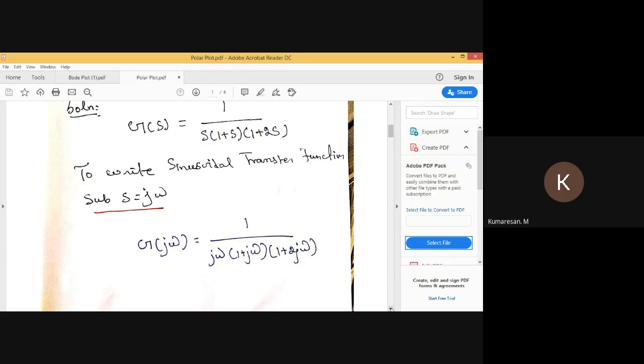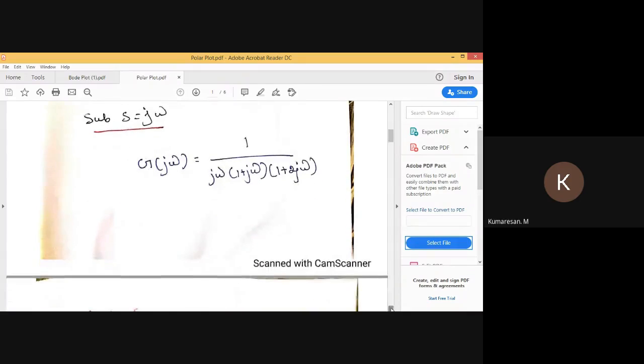We put j omega because we are going to write the sinusoidal transfer function. We have three terms. In the numerator, we don't have any term. In the denominator, we have three terms. The first term is j omega, the second term is 1 plus j omega, and the third term is 1 plus 2 j omega.